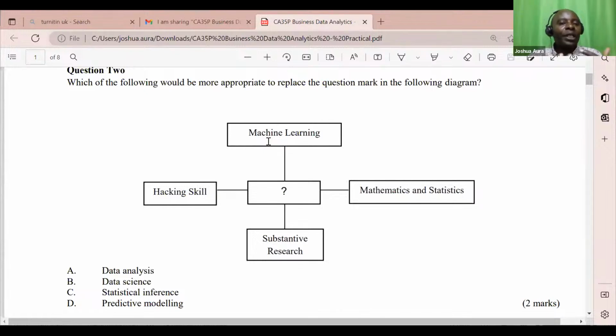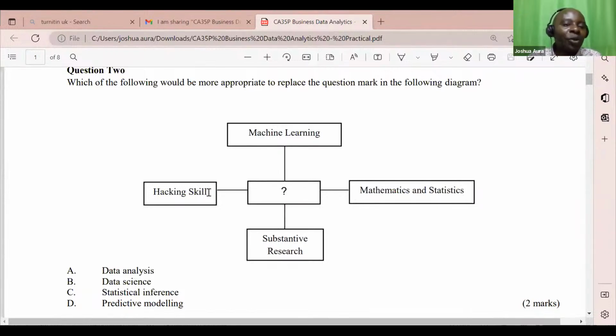Once we bring out the data that we need using machine learning, ladies and gentlemen, substantive research, we shall be able to keep on getting more data, because we're talking of big data. And of course, we shall be able to understand this data and change it to information. Now we are making use of statistics. And then at the end of the day, if it is data analytics, you should also be good in terms of hacking. There is what we call ethical hacking, for you to be able to get more information that you need.